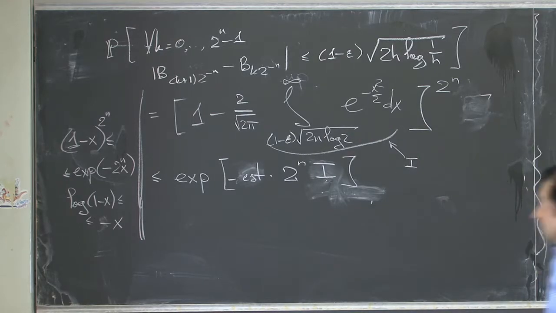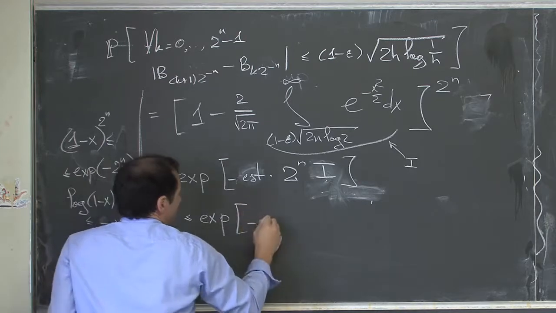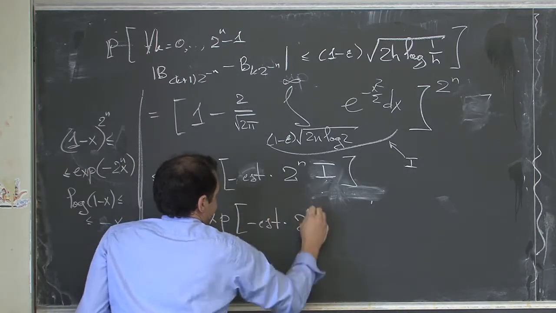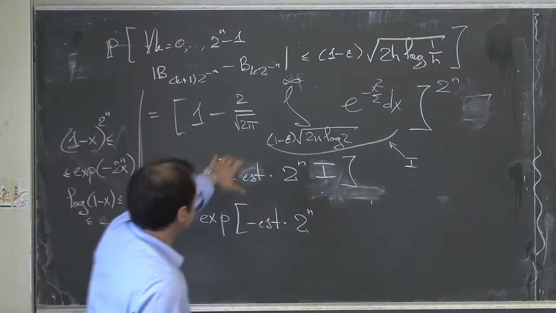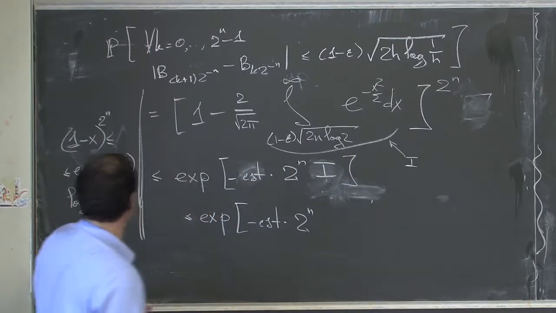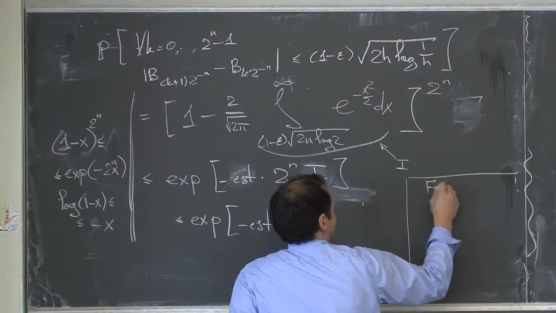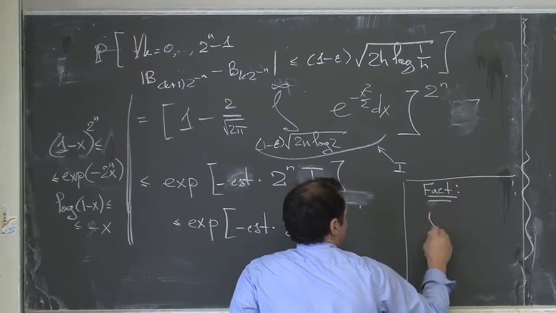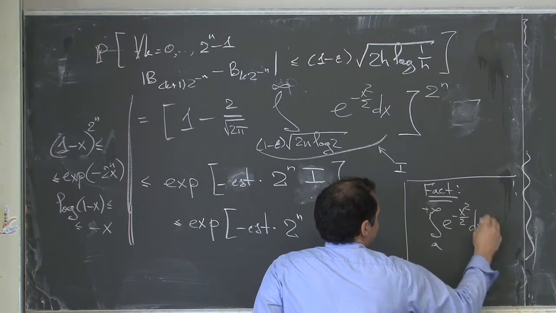So I have this bound, and to have an upper bound, I need to estimate this integral from below, right? We're almost done. I'm still hoping to finish in 3 minutes. So what is this integral? We already had a bound from above. Another fact is that actually the lower bound is pretty much the same.